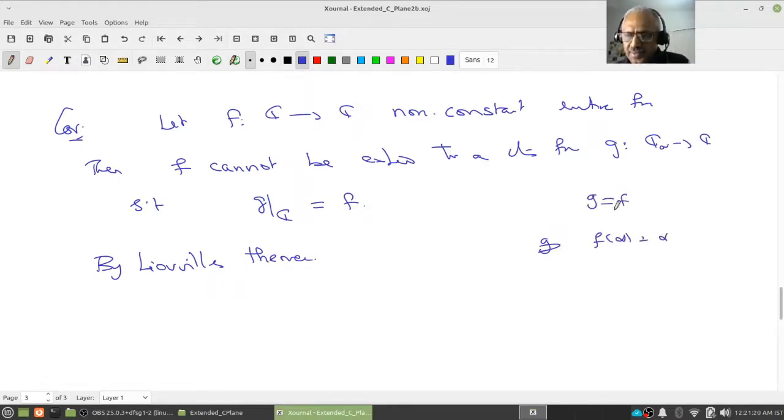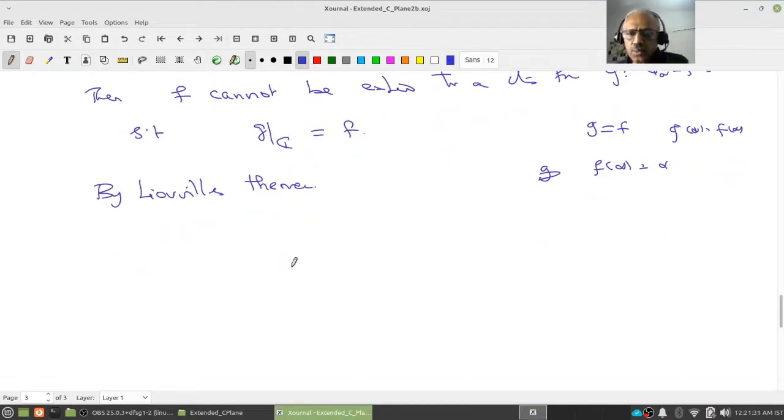I will denote g by f, and I will define f of infinity to be the value of g at infinity. Now what do I know? What does Liouville's theorem say? Since f is non-constant entire, f is not bounded.